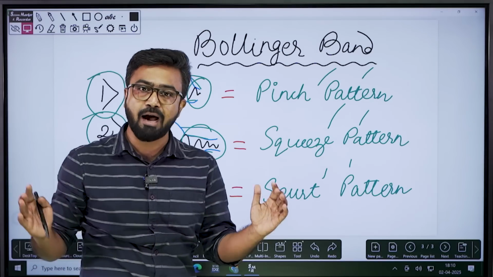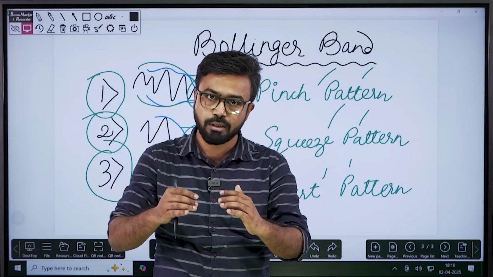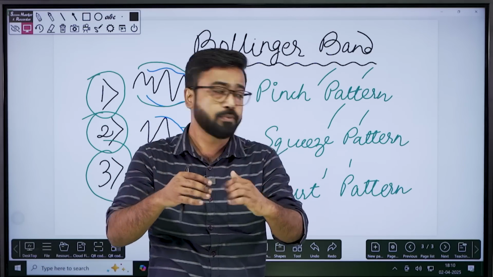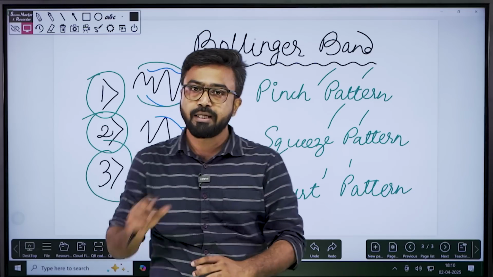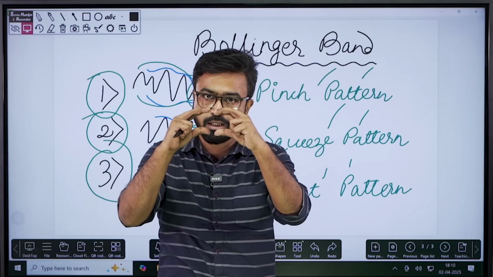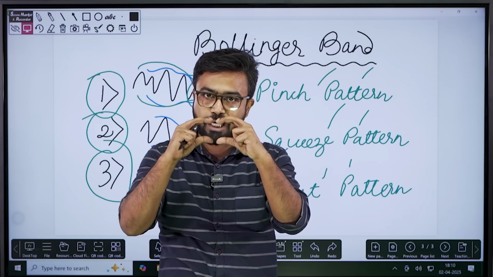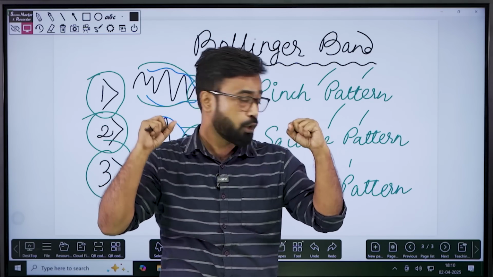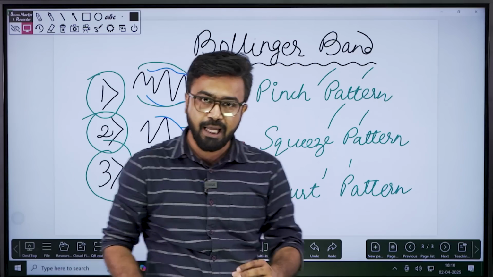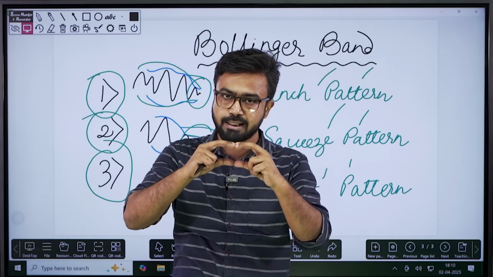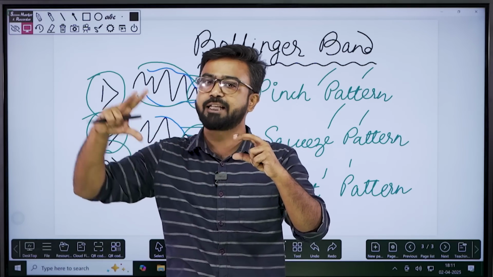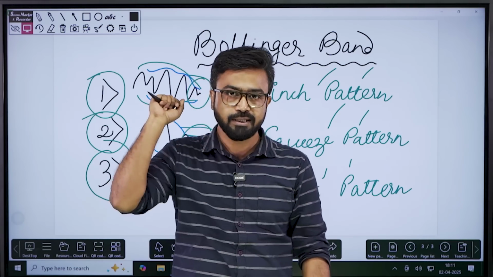Pinch is basically after a volatility expansion, the contraction is going to come, right? And in squeeze, there is no expansion. It is completely in squeeze mode, that is, the volatility is in a contracted mode. And spart again comes after the squeeze, that is, after the contraction, expansion comes. So it always moves in cycles.